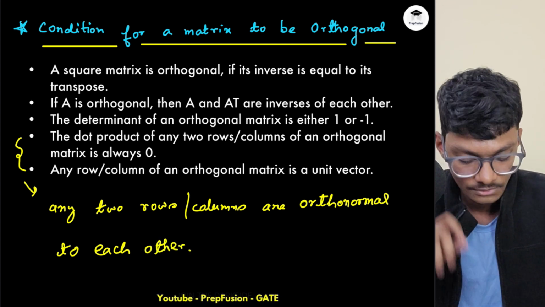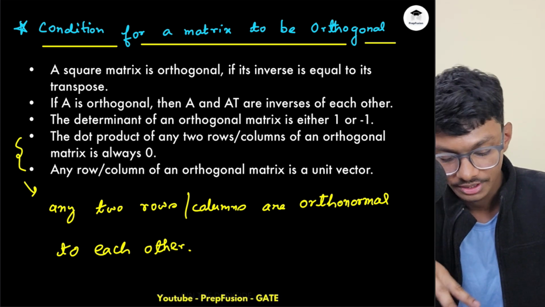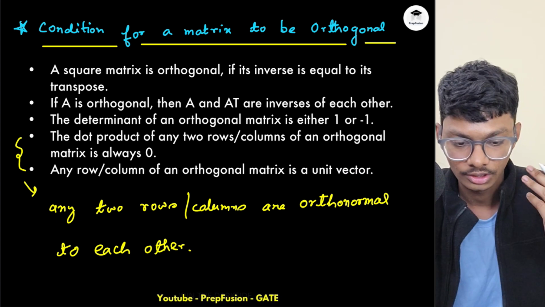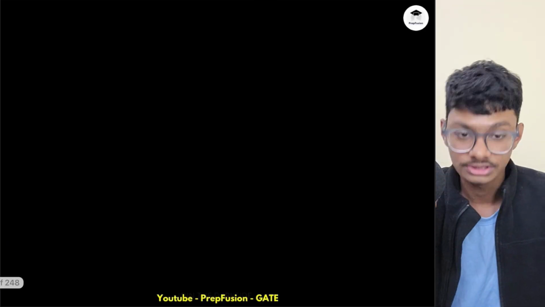Basically, ortho means perpendicular, normal means unit vector.